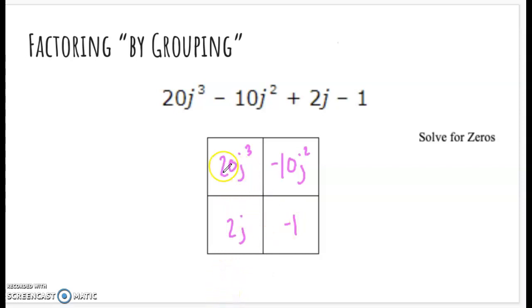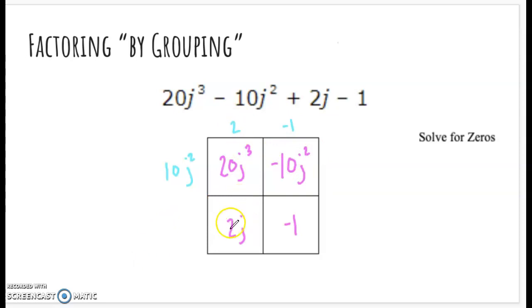And again, let's see here, 20j cubed, negative 10j squared. Well, I see that those both have a j squared, and they both have a 10, right? And let's see here, 10j squared, that would multiply by 2 to make 20j cubed. 10j squared is going to multiply by a negative 1 to make that negative 10j squared.